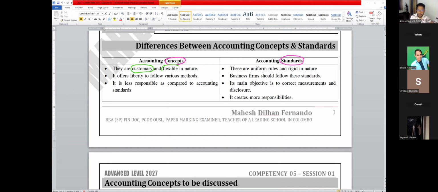But accounting standards are uniform rules and rigid in nature. They are very strict. You can't go beyond those standards.